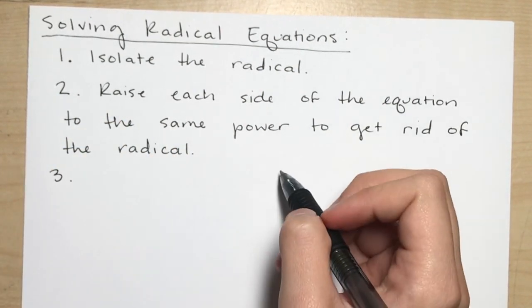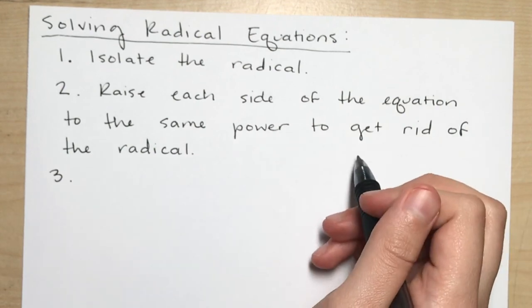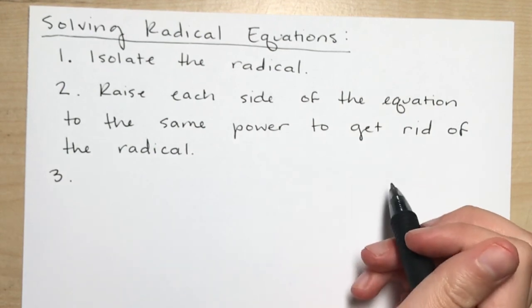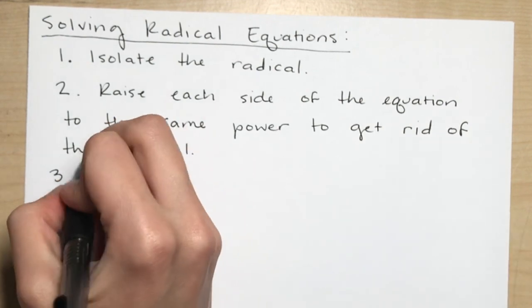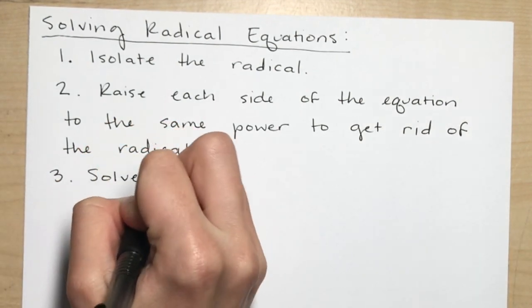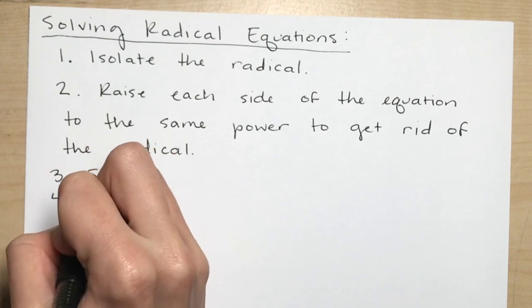Right? If I square a square root, we get just what was underneath, right? It cancels. Then we can solve and check.